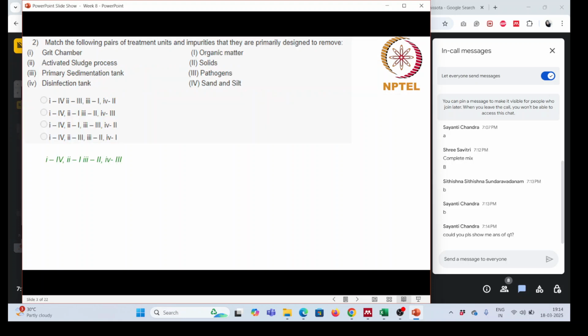Okay, so here you understood, right? So question number 2 answer is option B. Please note it down so that I can move forward to the next one.